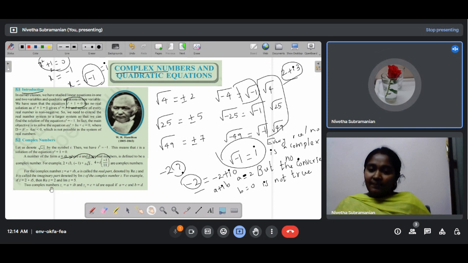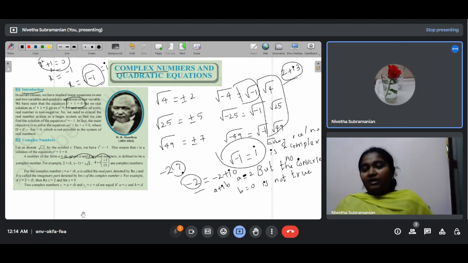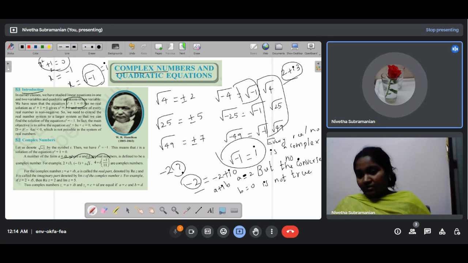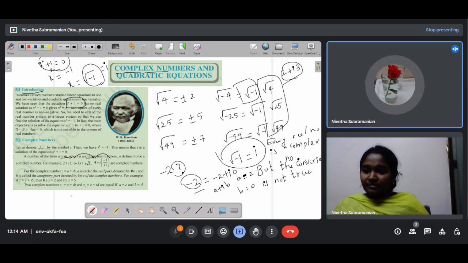Now, when will we say two complex numbers are equal? If I take two complex numbers, z1 equal to a plus ib and z2 equal to c plus id, here a should be equal to c and b should be equal to d.